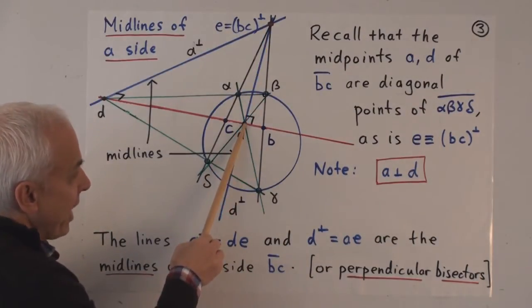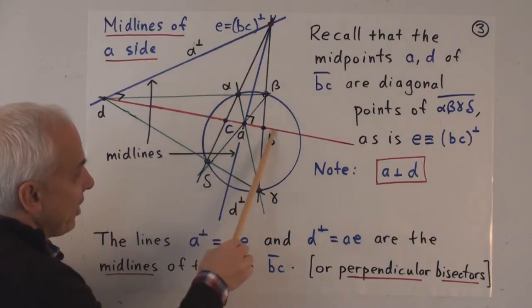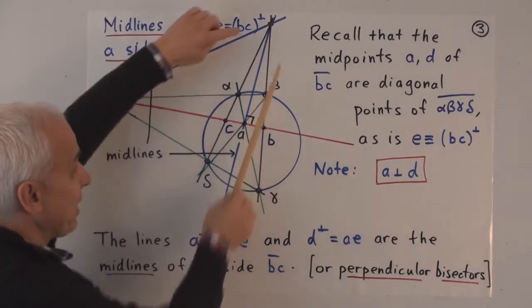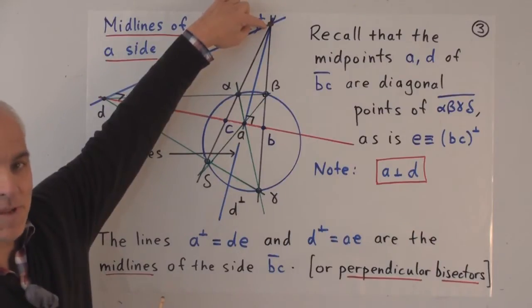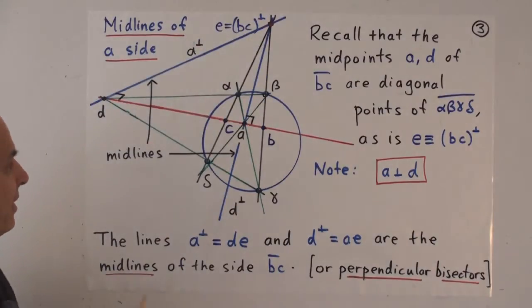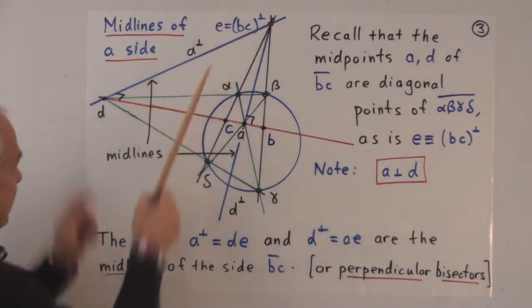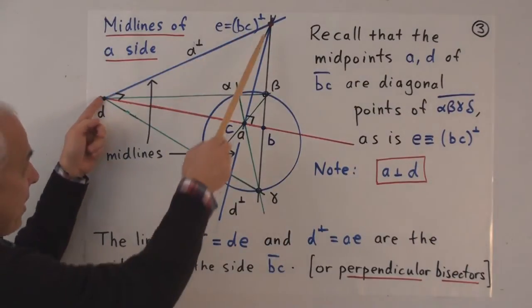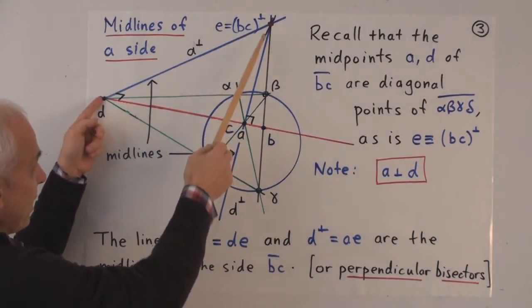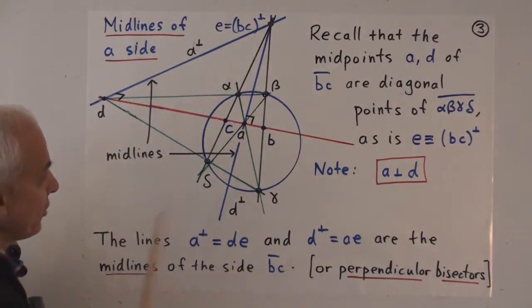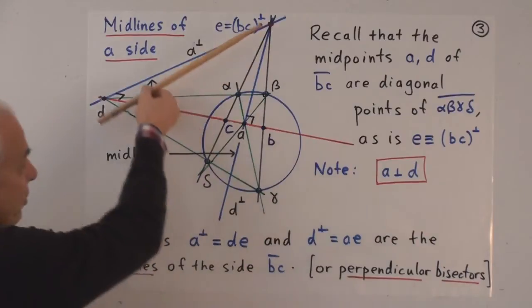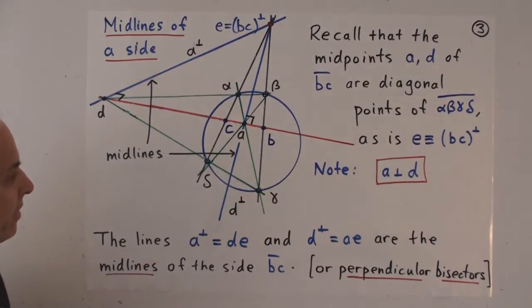Because it passes through A, it's perpendicular to BC, because it's passing through the dual of BC. That's exactly the condition of being perpendicular to it. Similarly, this line here passing through D and the dual point is necessarily perpendicular to BC. So there are two midlines, this one in blue, this one in blue.